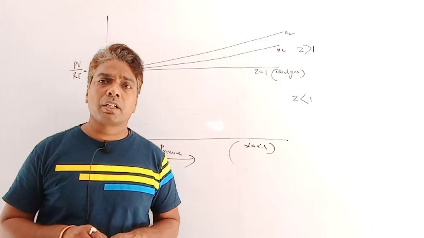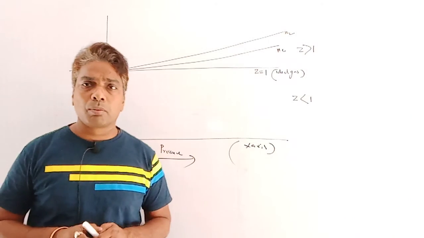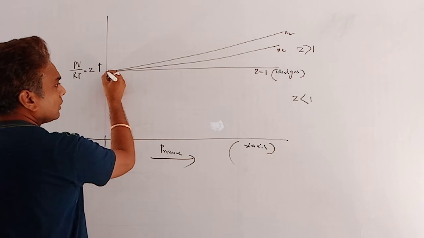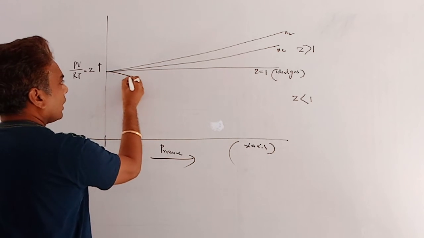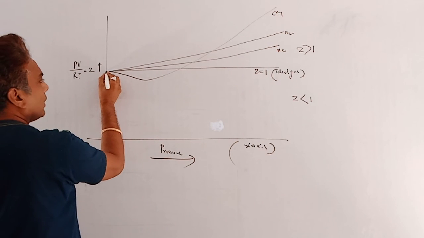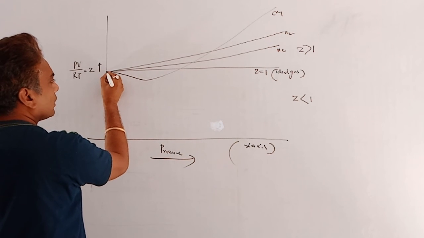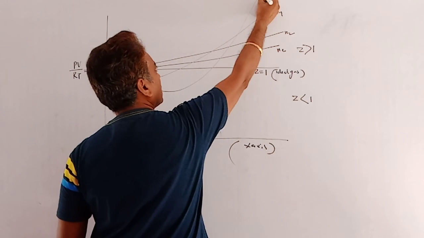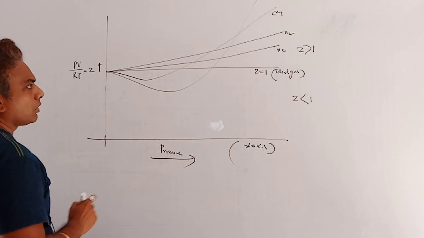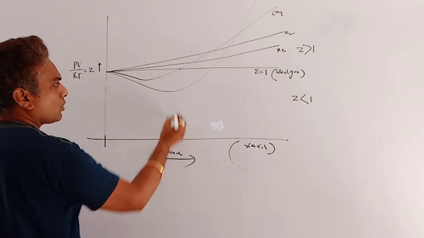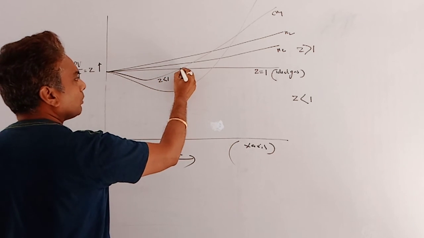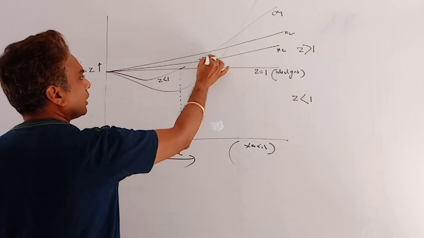But in case of heavier gases like CO2, methane or carbon monoxide, at a certain range of pressure it becomes negative deviation, and then further it will be positive deviation, like methane. Similarly, in case of carbon monoxide, it is also observed like this. At a certain range of pressure the value of Z is less than 1, but at a certain range of pressure it will be greater than 1.